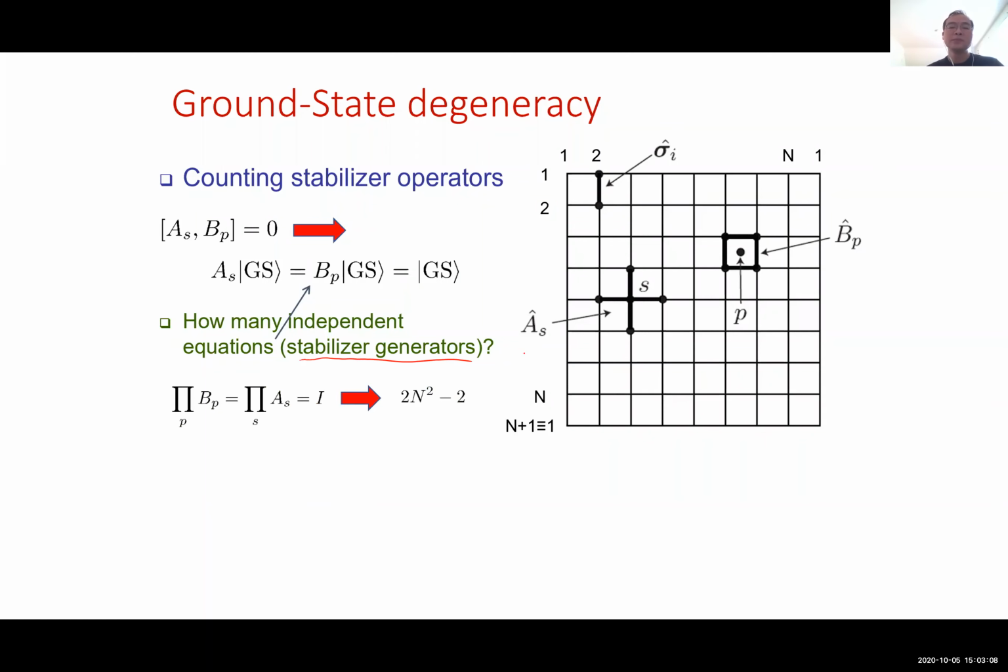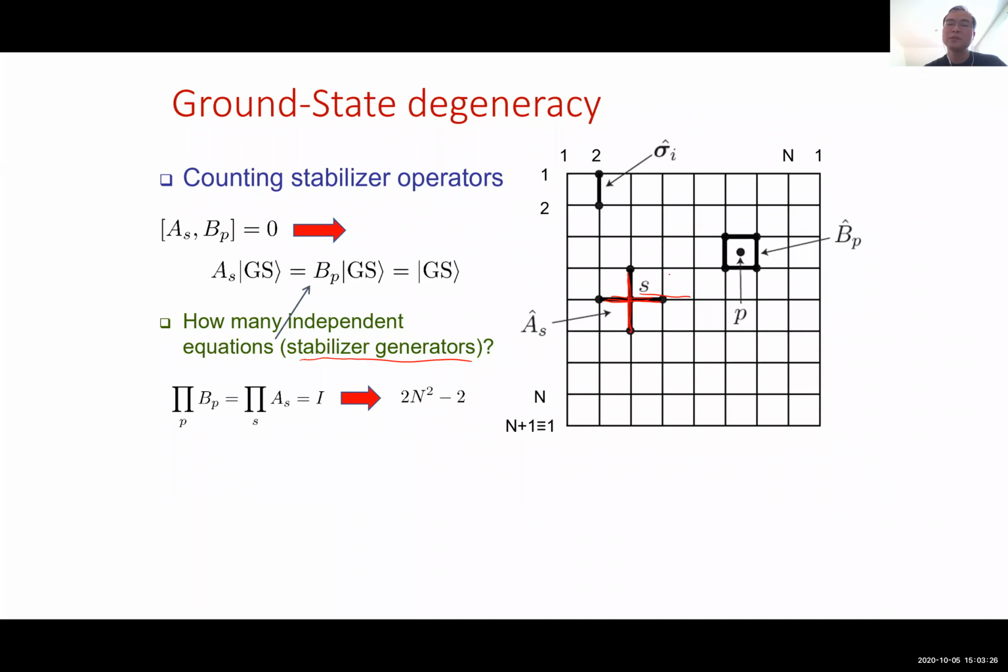To count that, we need to see whether there's any constraint on these star and pocket operators. Recall that on each vertex you have a star operator.